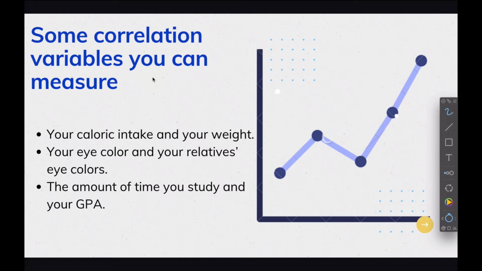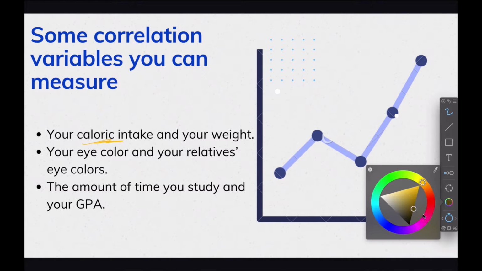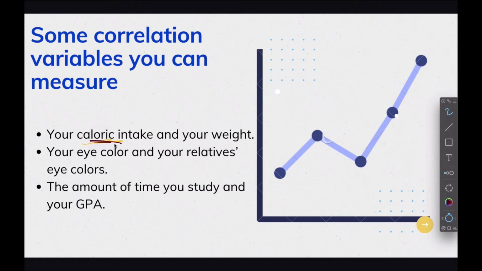Say you want to measure your calorie intake against your weight. Is it that the more calories you take in, the more your weight goes up? Or when you take fewer calories, your weight comes down?